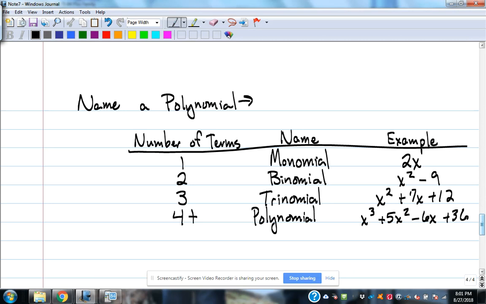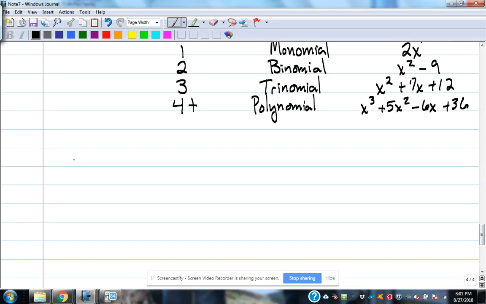Okay. So our job here is to simplify and name the polynomial.